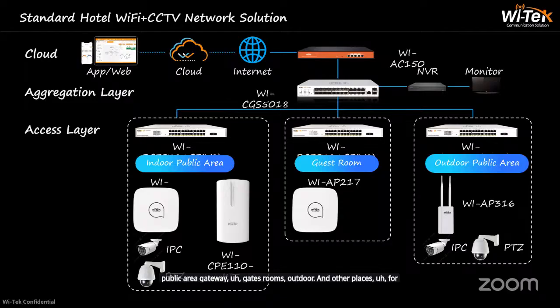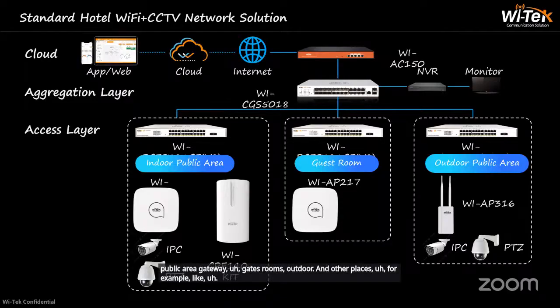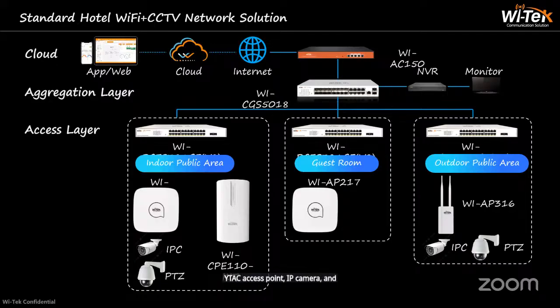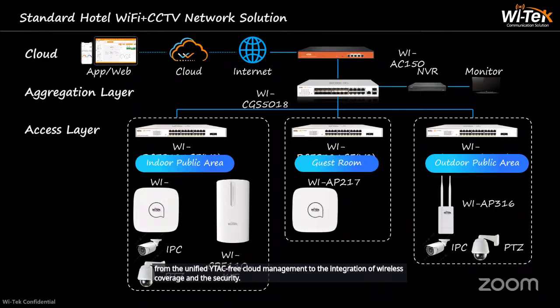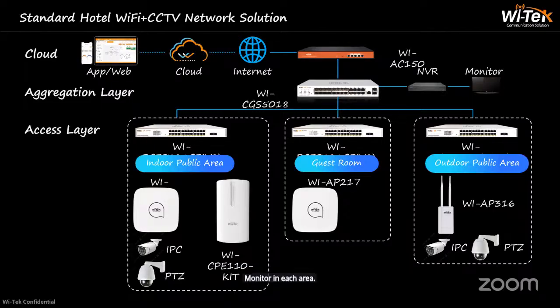For example, Wi-Tek access points, IP cameras, PTZ cameras, and wireless transmitters can all be in one whole network. So you can see a summary of the entire solution, from unified Wi-Tek free cloud management to the integration of wireless coverage and security monitoring in each area, which aims to help hotels build an integrated and intelligent networking system.